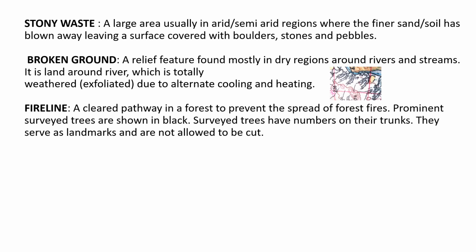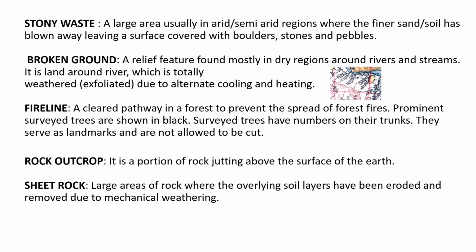Fire line: to avoid forest fire, there are some big channels made in the middle of the forest, so that if one side catches fire, it shouldn't spread to the other side. And rock outcrop is also a kind of rock coming out of the earth, and you cannot use it for cultivation or anything.